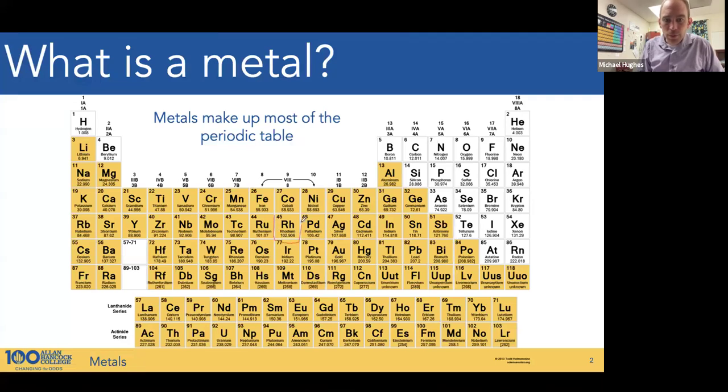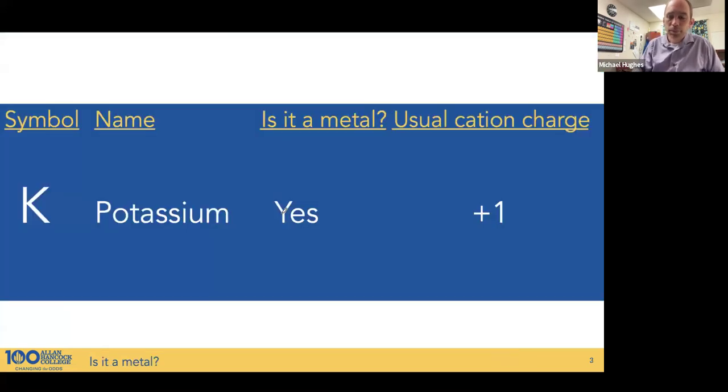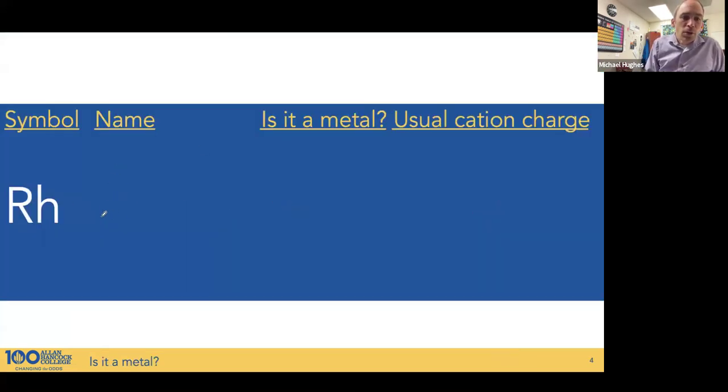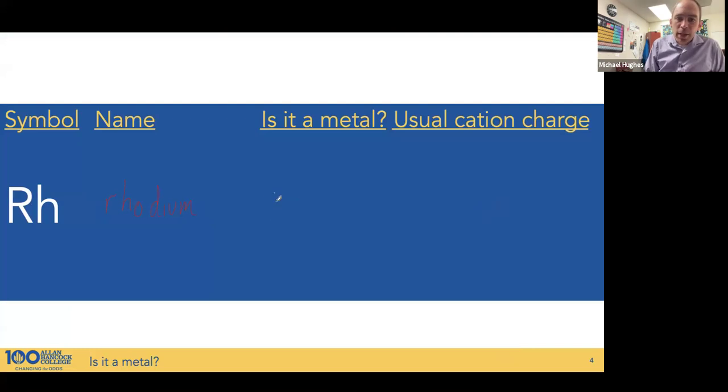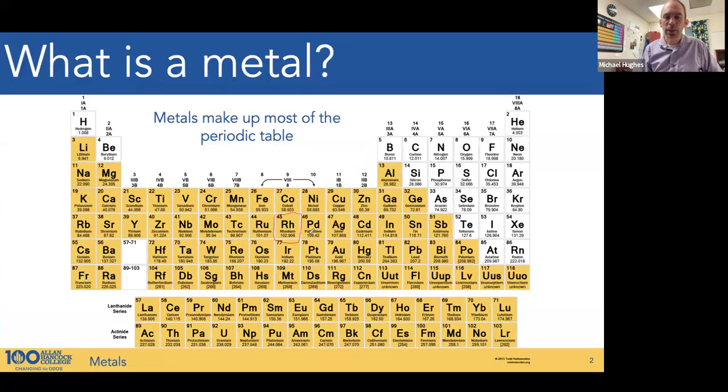So right here is rhodium. So name: rhodium. Need a different color here. Is it a metal? Yes. Rhodium. And its usual charge, it's a transition metal, so we don't know its charge. So here we don't know its charge.